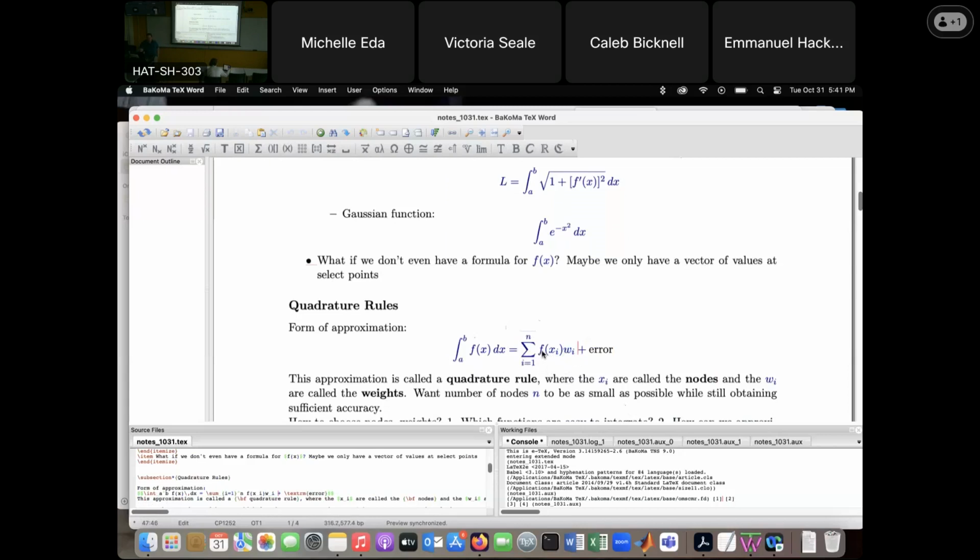So the f values, f of x_i, would be the heights of each rectangle, and whatever it's multiplied by would represent the width. That's why it makes sense to call this a quadrature rule, because what you're doing is approximating the area under a curve by summing the areas of quadrilaterals.